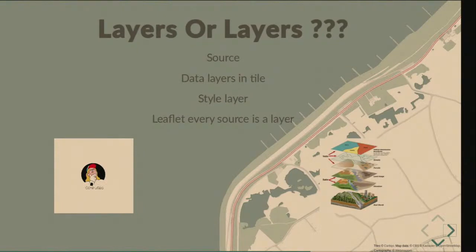So what might be confusing is that if we talk about layers in Leaflet, we talk about every kind of data layer that we add to the map. But if we talk about layers in Mapbox.gl, it could be a data layer in the tile, or it could be a style layer in the front end. And this might be confusing if you start to work with different web mapping libraries and you're like, what are layers? It is confusing.